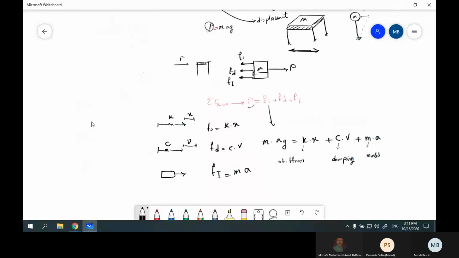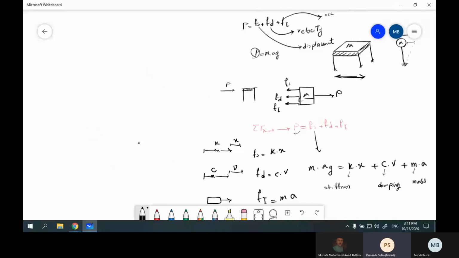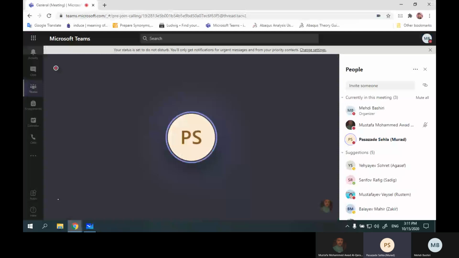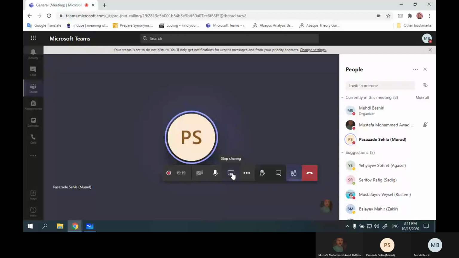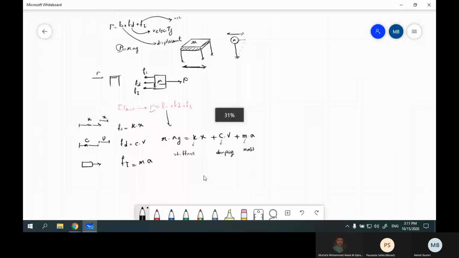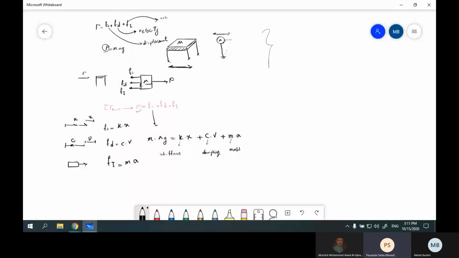So again, there is a problem again on the screen. Only Fs and Fd. Can you see it now?